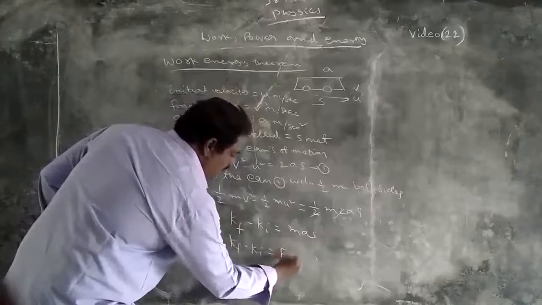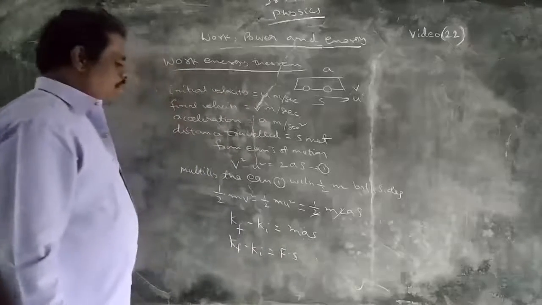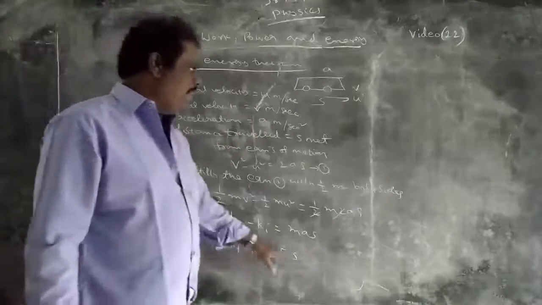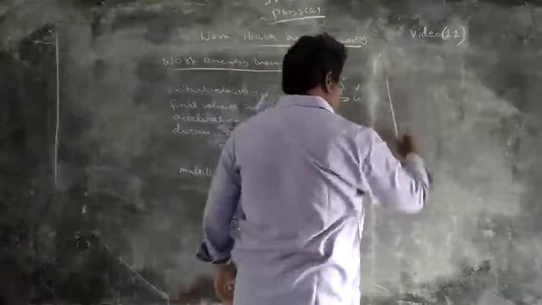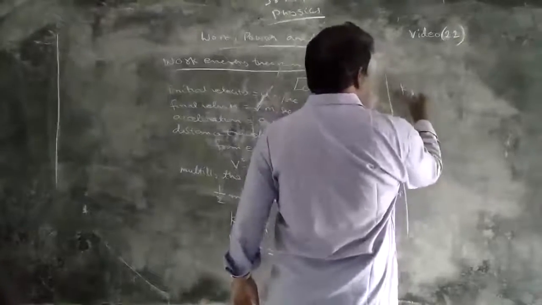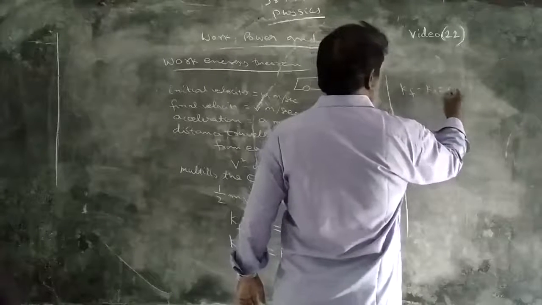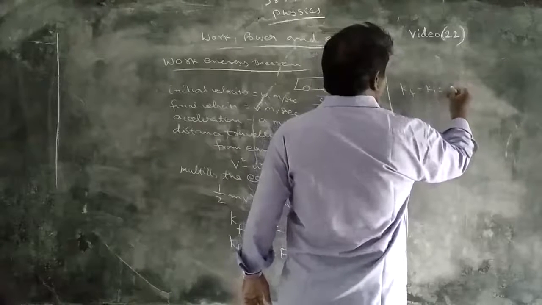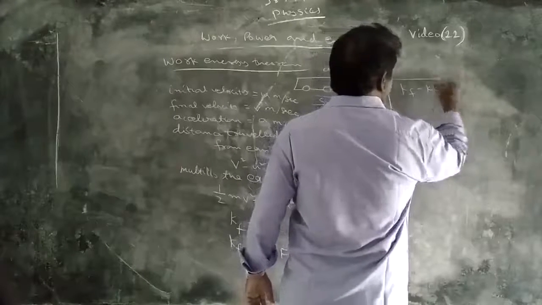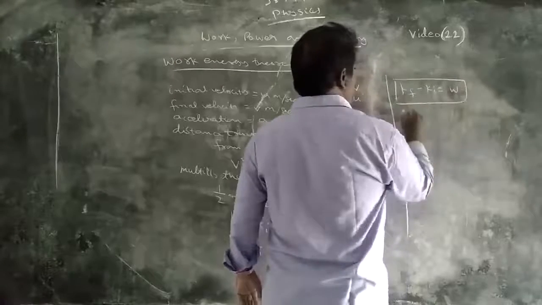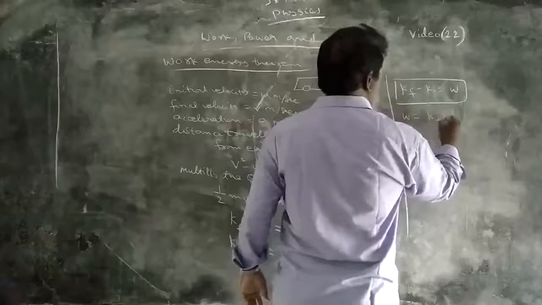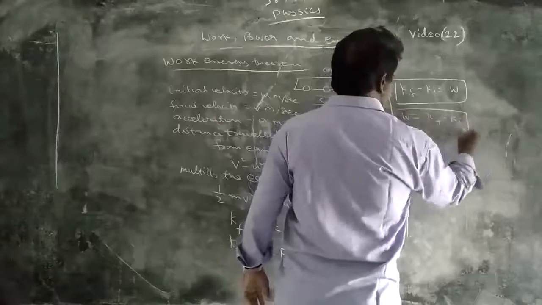According to Newton's second law, ma is equal to F, that means F dot s. Therefore, finally Kf minus Ki is equal to F dot s, which is nothing but work done. So W is equal to Kf minus Ki.